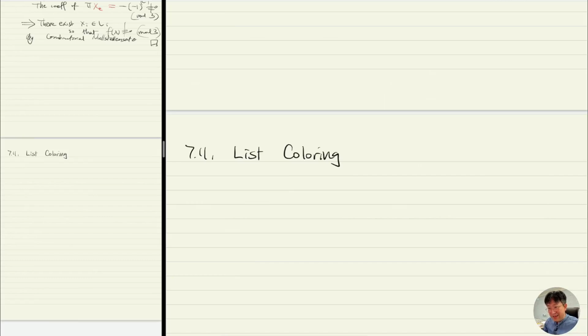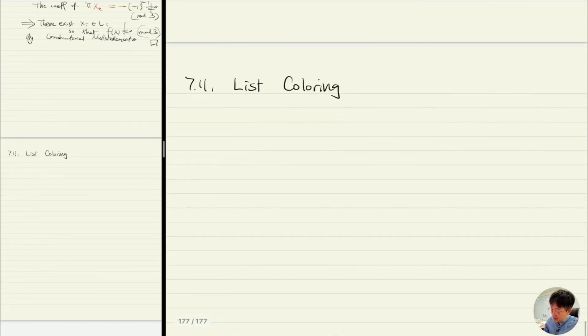As an application to graph theory, I'm going to show you the list coloring problem. For those who took the graph theory course, you may recall the definition of list coloring. But nevertheless, let me state the definitions. In the usual coloring, each vertex has the same set of available colors, let's say from 1 up to k.